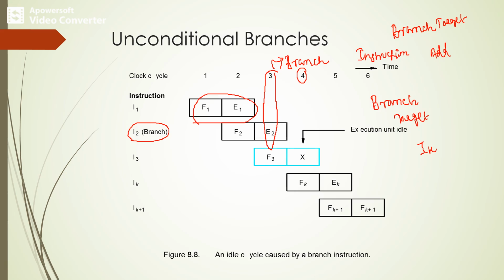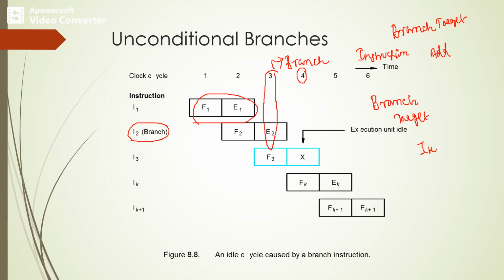In the meantime, the hardware unit responsible for the execute step, that is the E step, must be told to do nothing during the clock period. Thus, the pipeline is stalled for 1 clock cycle.